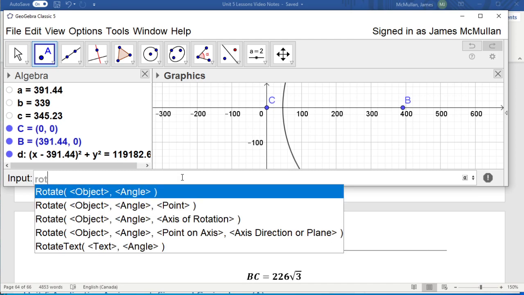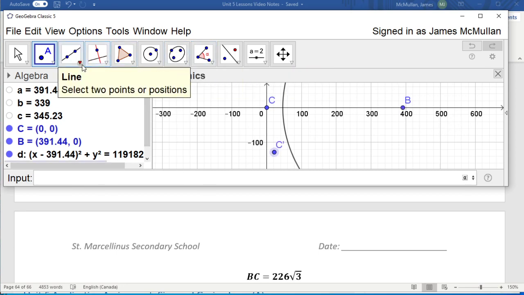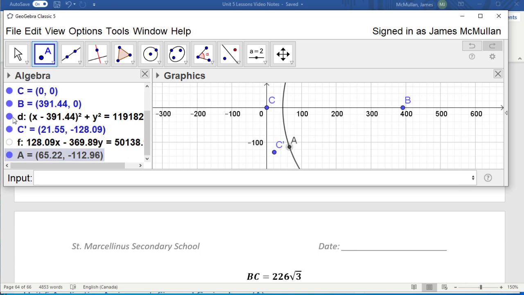Actually, I'll just take point C. So we'll rotate point C, I think it was 19.1 degrees, around point B. Okay, and that would give me the right angle that I need down there. Then I'm going to do ray from B to C, from B to C prime. And then intersect that ray with that circle. And then let's make the ray and the circle disappear and the C prime disappear.